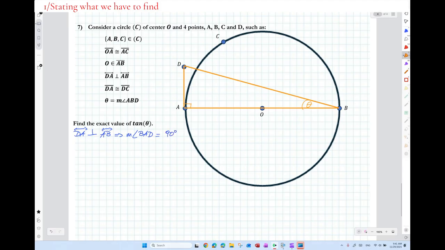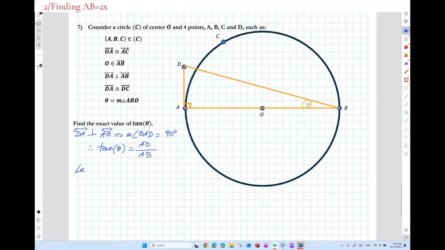It's this one here. Therefore, I can directly conclude that the tangent of the angle theta would be the opposite AD over the adjacent AB. And this is what I'm going to look for.